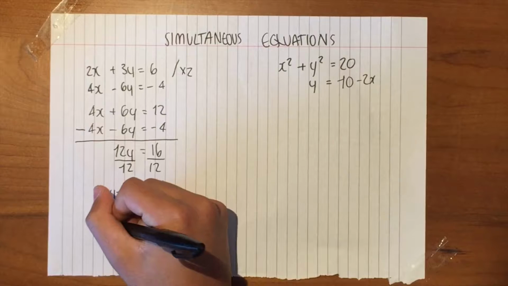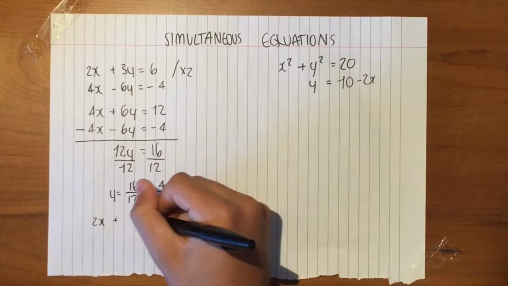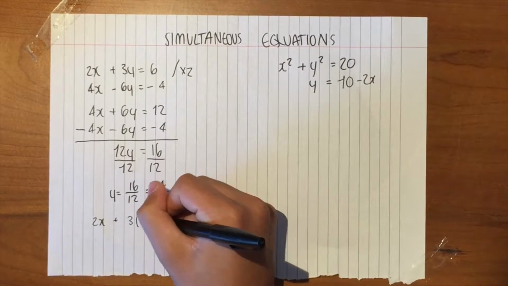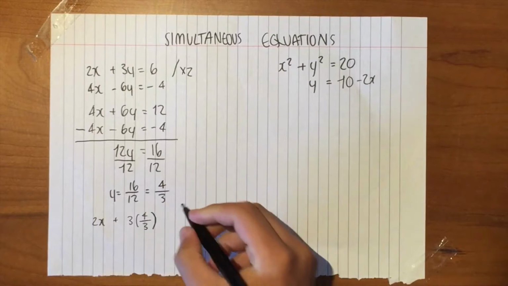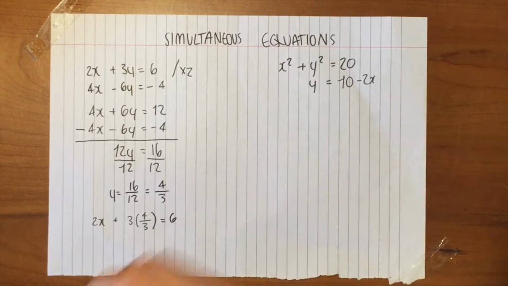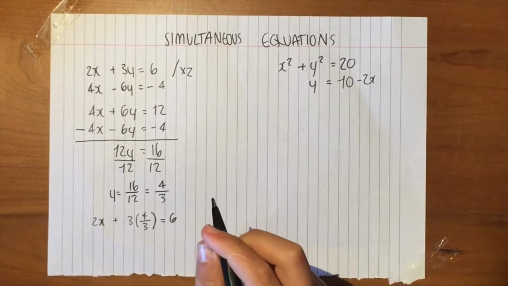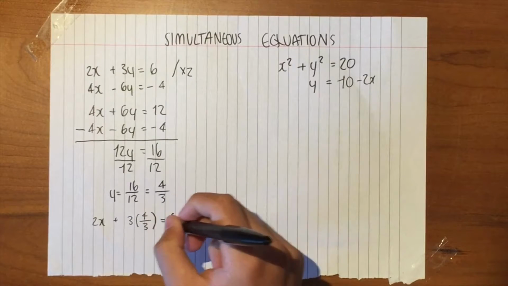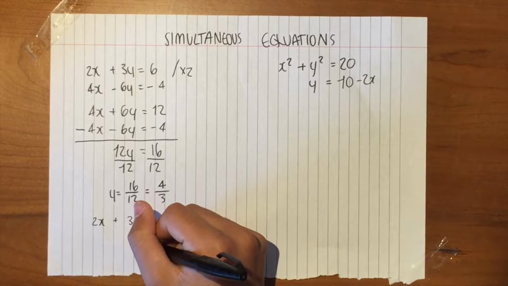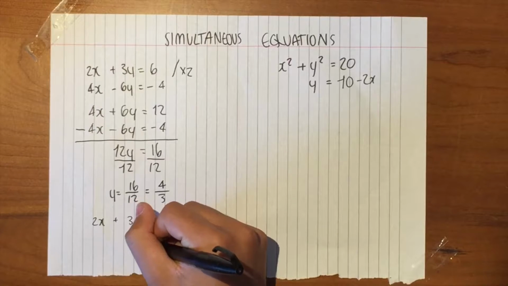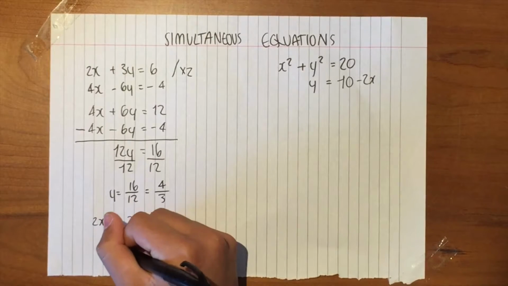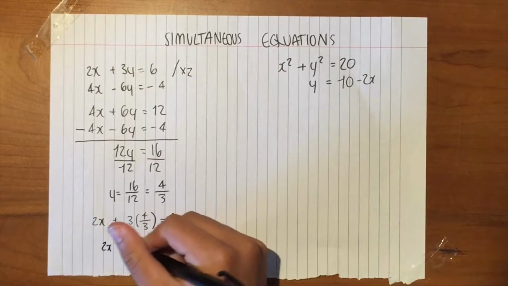So 2x, we know that y is 4 over 3, so 3 times 4 over 3 is equal to 6. 3 times 4 is 12, so 12 over 3 is 4, so 4 plus 2x is equal to 6.